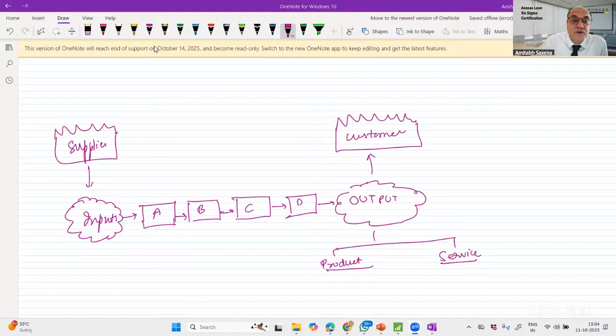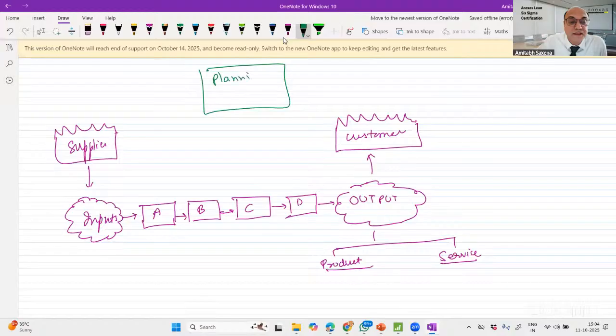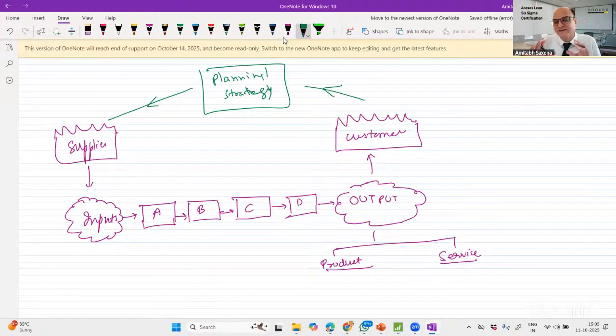You have got one special department in between: the planning department, you can call it the strategy department. Sorry, I'm writing very quickly, so my handwriting may not be so good. Otherwise, I'm capable of writing beautifully as well, but because of shortage of time, I want to give you as much as possible. There is a planning department.